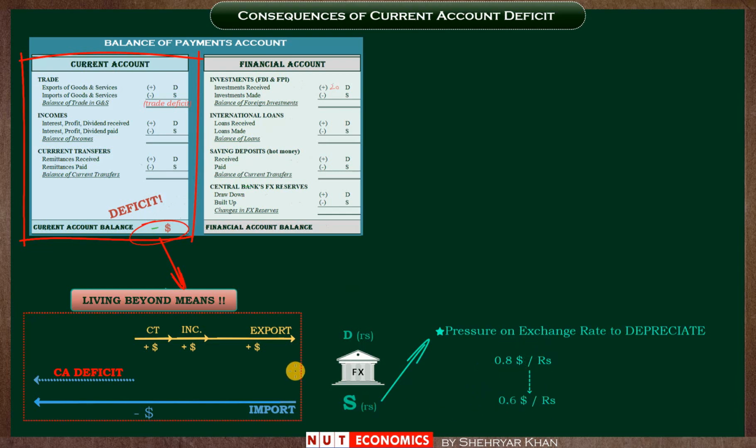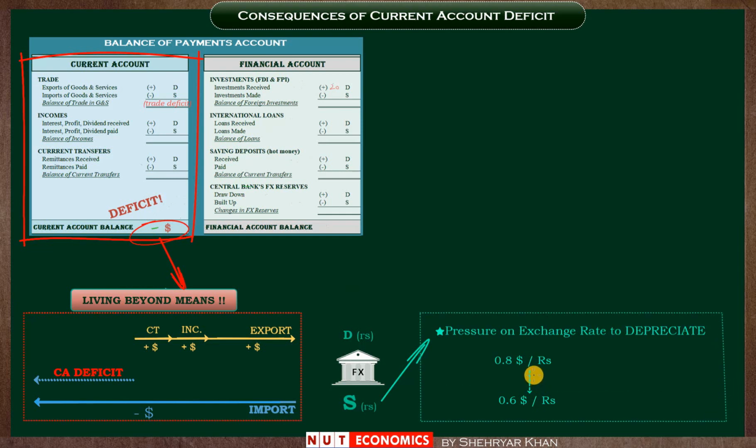That is, these current account deficits, when your country is overspending and buying too many things from other countries relative to what it sells to them, are putting pressure on your rupee to lose value. It is putting pressure on the rupee to become cheaper, less valuable.